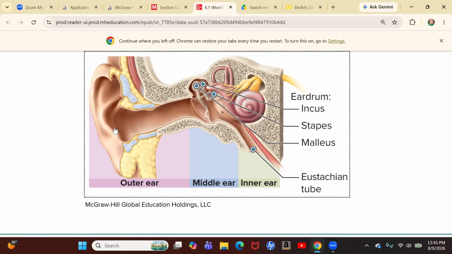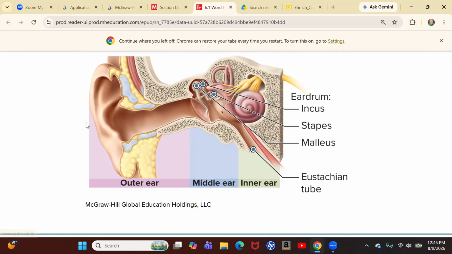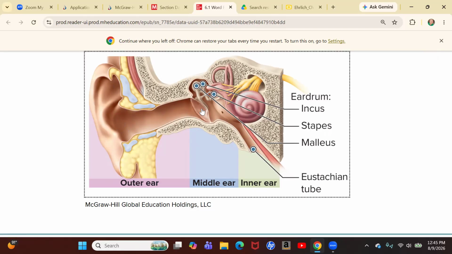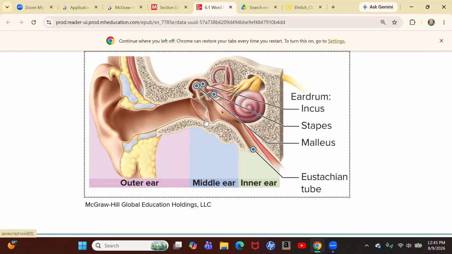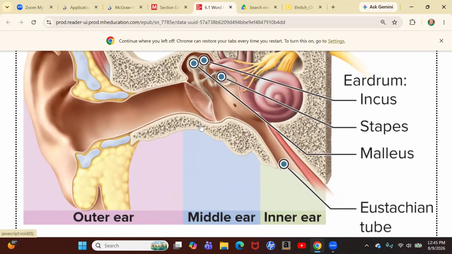So sound is going to be captured here by the pinna and be funneled into the auditory canal, where it is funneled into the middle ear here, where you have the tympanic membrane. That tympanic membrane is then going to vibrate. That vibration, due to the sound waves, is then going to move your ossicles here.